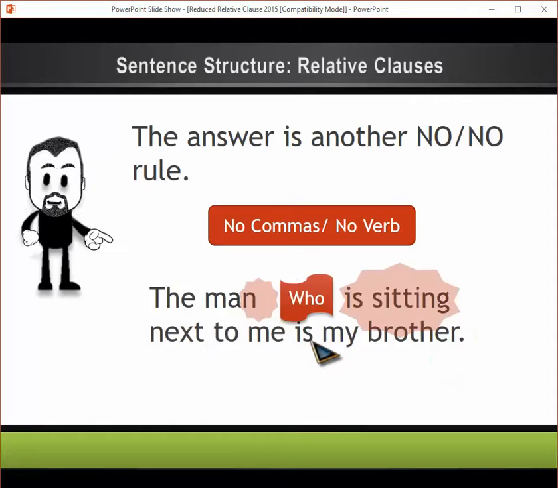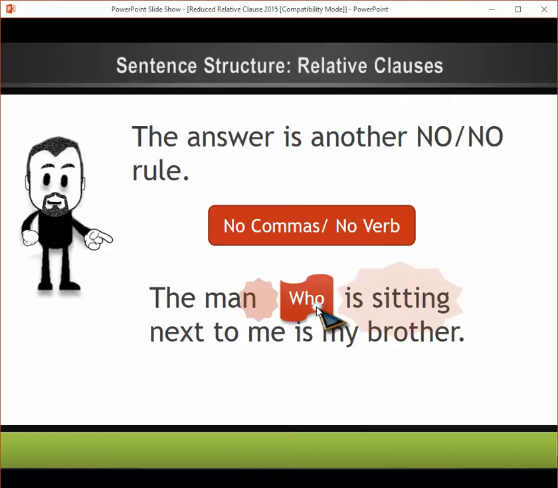The computer I bought last week is broken. That's correct. However, the man, well, this time we can see there's no comma again. That's good. No comma is correct. But over here, what's this? Wait a minute. Is sitting? No, this is wrong because this is a verb.